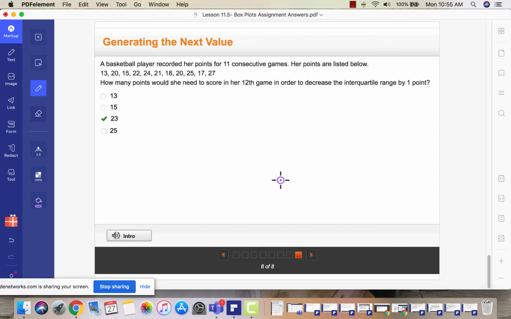And then we can test out each of our data to see which one would lower our interquartile range. So what I need to do is list my data points from lowest to highest.